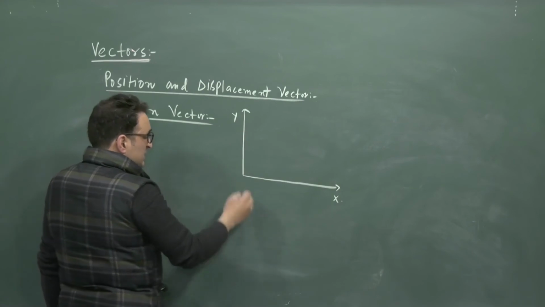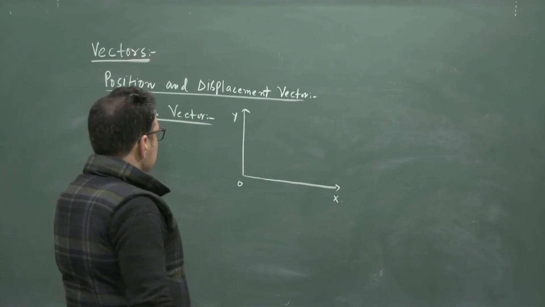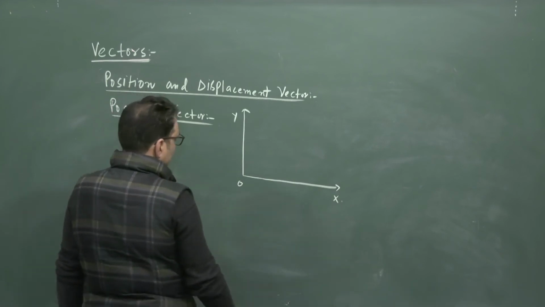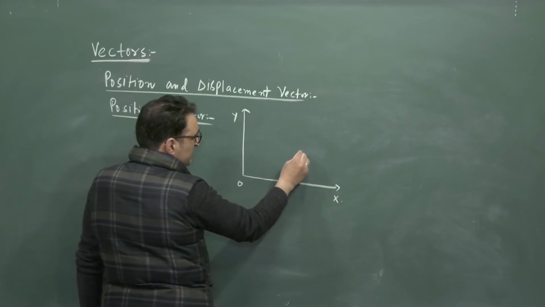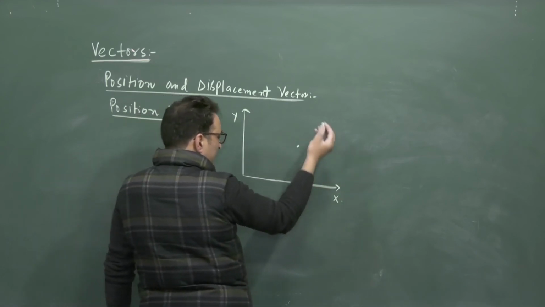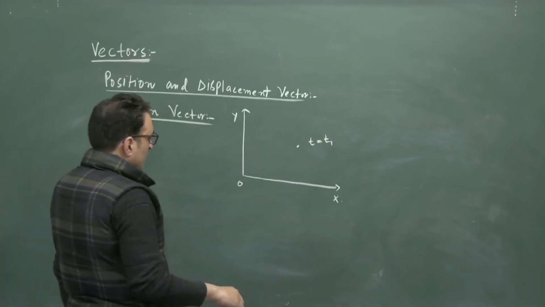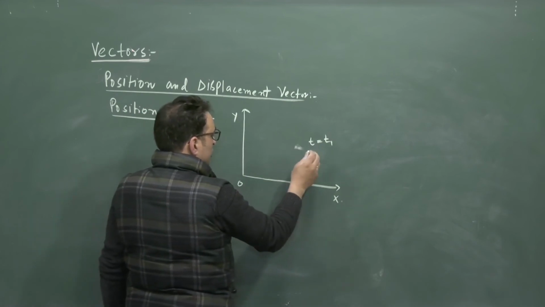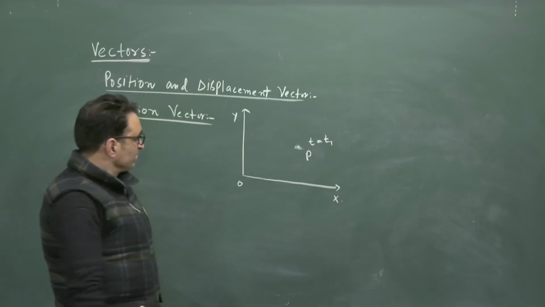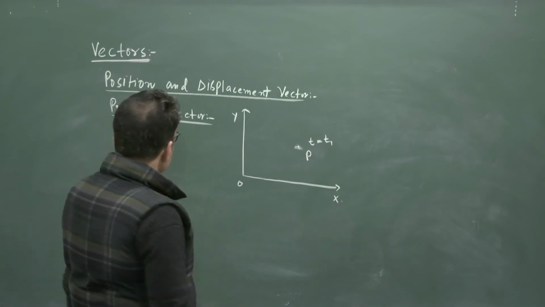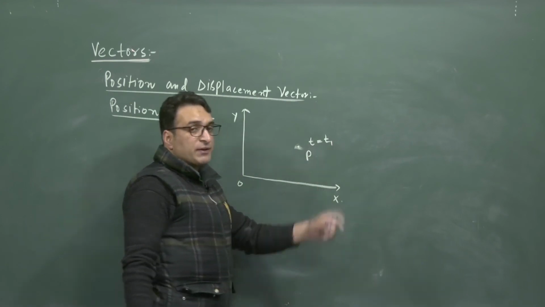This is the x-axis and y-axis, this being the origin. At any instant t equals t1, the particle is at point P. Let me mark this as point P. This is the position of the particle in the xy plane at an instant t equals t1.